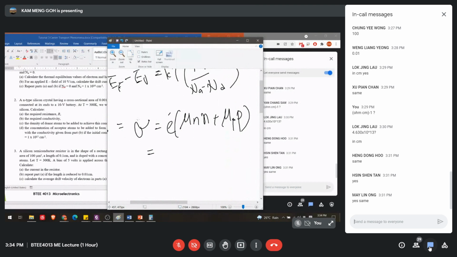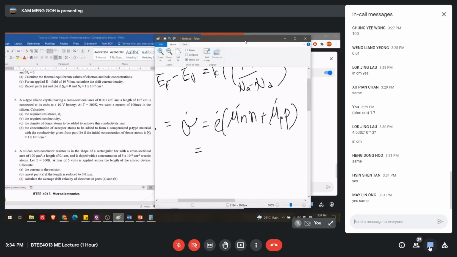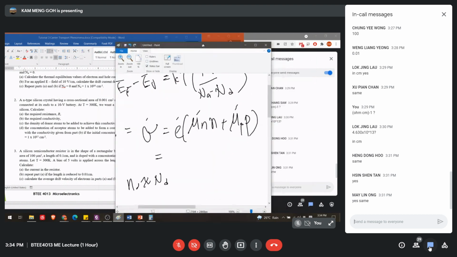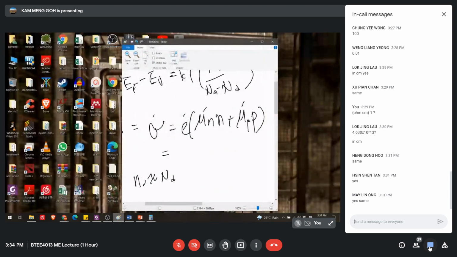This one is given, this one is given, and we assume that the ND. Let me think about it. So n0 is already almost equal to the NT. Interesting. Anyone in favor of this?